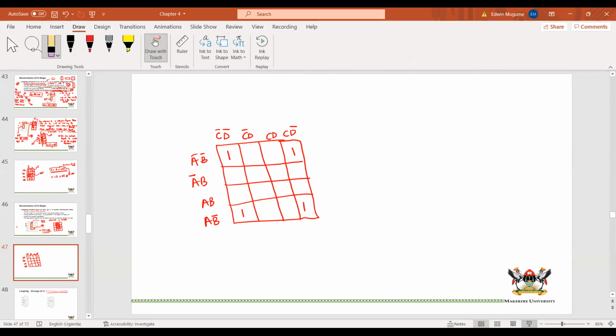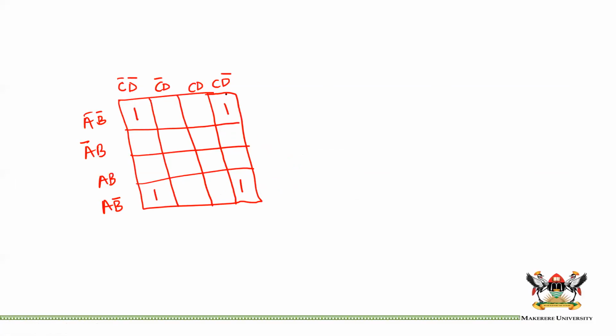Okay, so these four corners are adjacent to each other. So if you see something like this, then you can make a loop. This is actually the center of the box, but it is actually one loop. We draw it like this one.